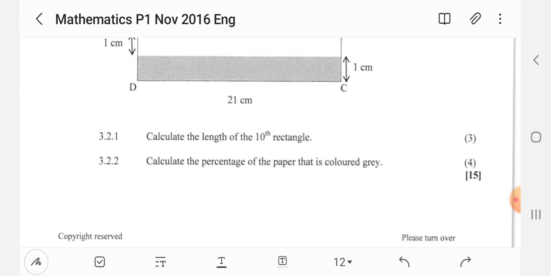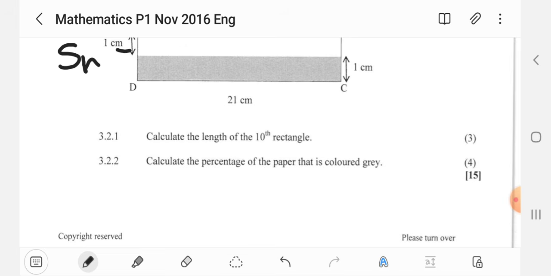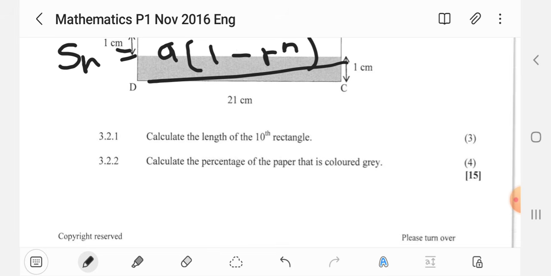So how do we do that? We firstly have to do this. Sn equals a times 1 minus r to the n, over 1 minus r.